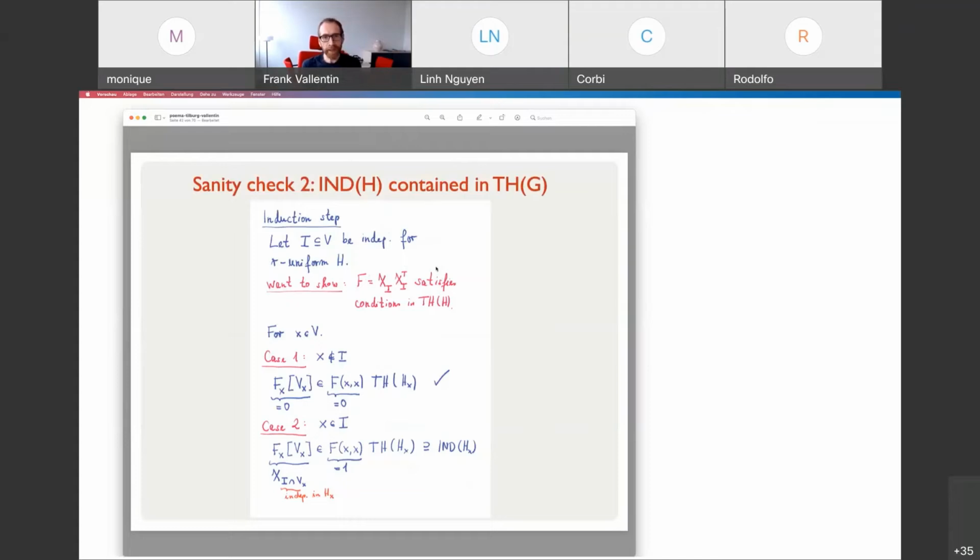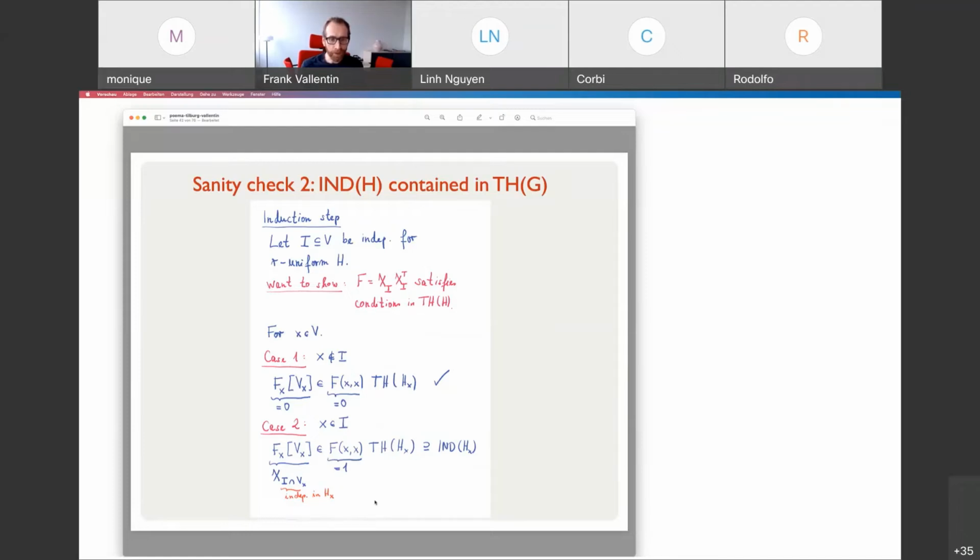Second sanity check. We want to see that the independent set polytope of H is contained in the theta body of H. This was the first fundamental property, and here's a small proof. I will also skip it because of time reasons.